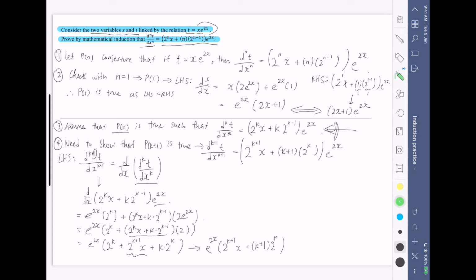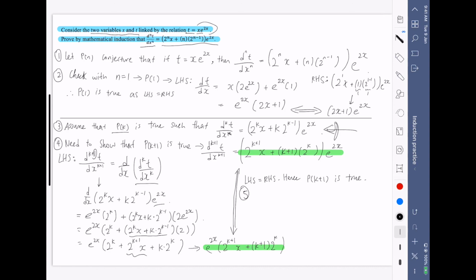And now, you see that the left-hand side expression is the same as the right-hand side expression. And so, based on this, left-hand side equals right-hand side. Hence, Pk plus 1 is true.